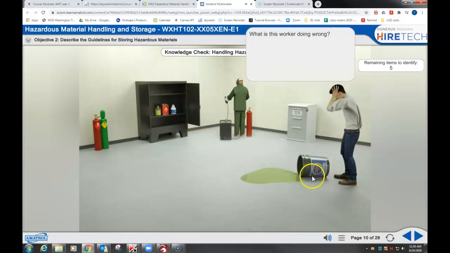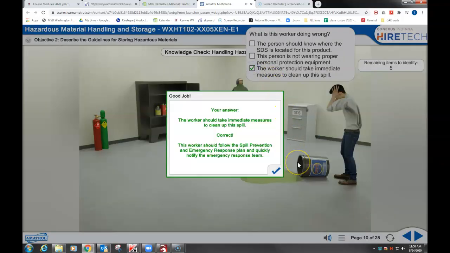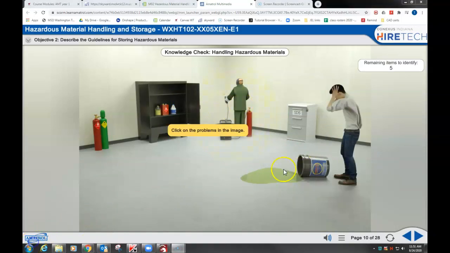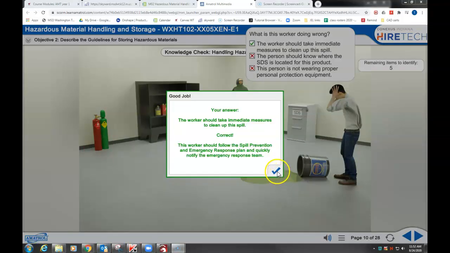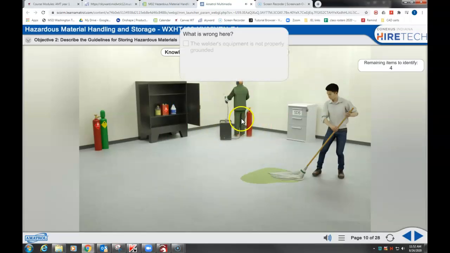What is this worker doing wrong? What is this worker doing wrong? What is wrong here?